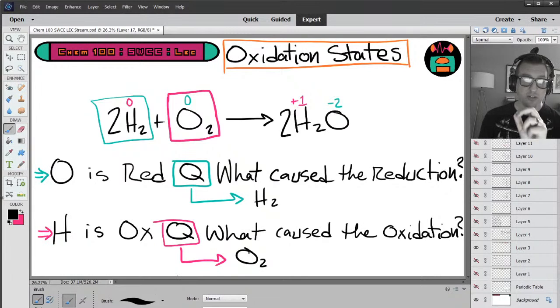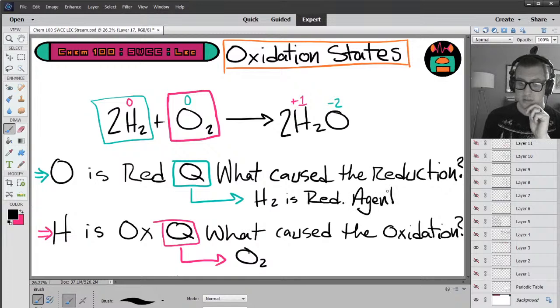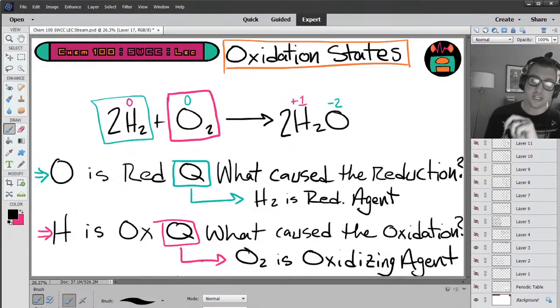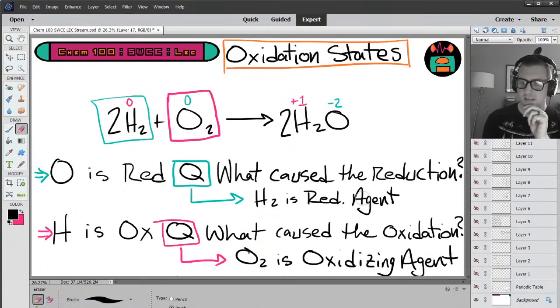So we say that hydrogen is the reducing agent. Oxygen is the oxidizing agent. All right, let me spell it out just for the sake of clarity.